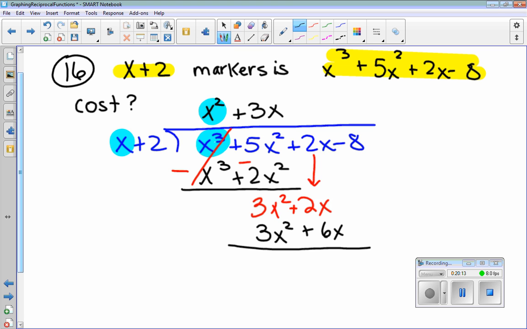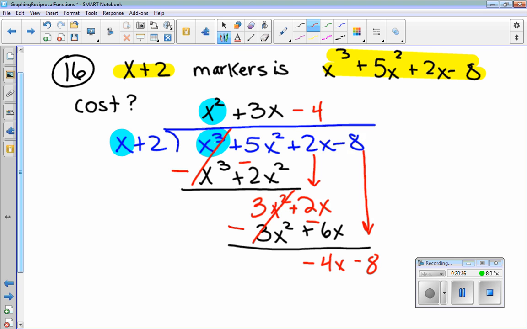What do I have to remember to do? Change my signs. This becomes negative 4x, negative 8. Angela, at this point, x times what is negative 4x? Negative 4. Let's see if it goes in.